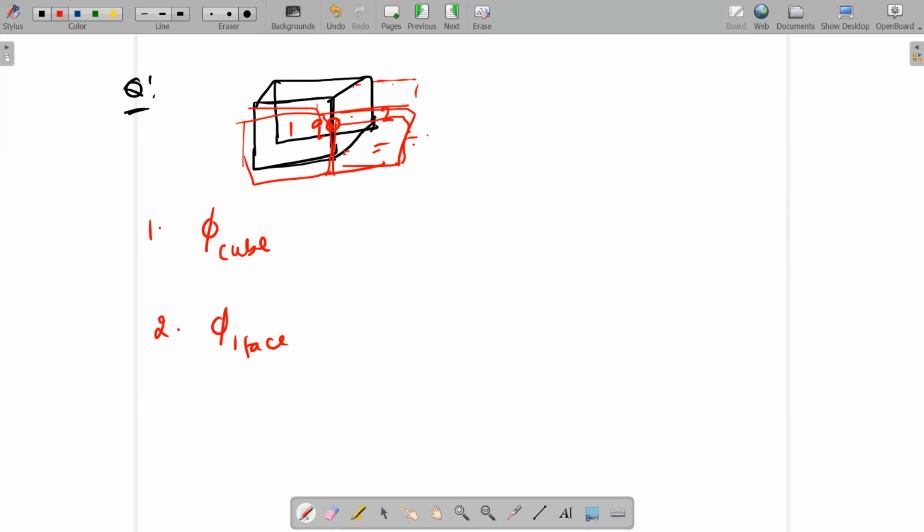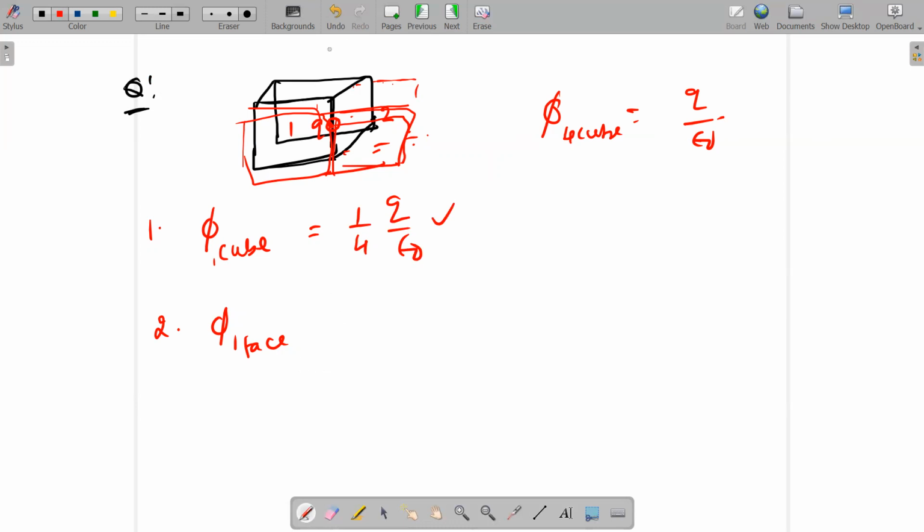So the entire flux through 4 cubes is equal to q by epsilon naught. The total flux is nothing but flux through 4 cubes, whereas flux through 1 cube is equal to 1 by 4 times q by epsilon naught. Is it clear, guys?